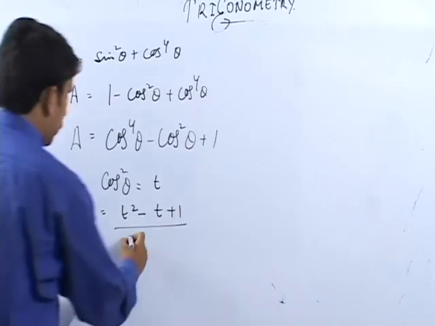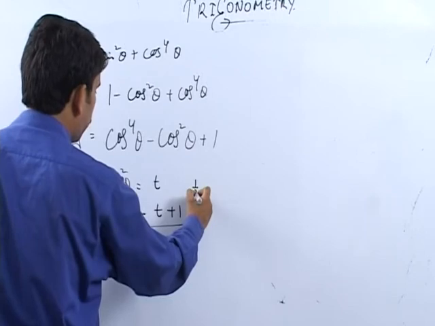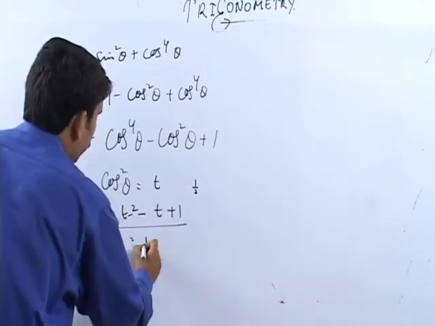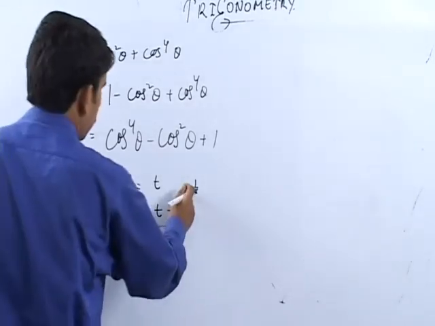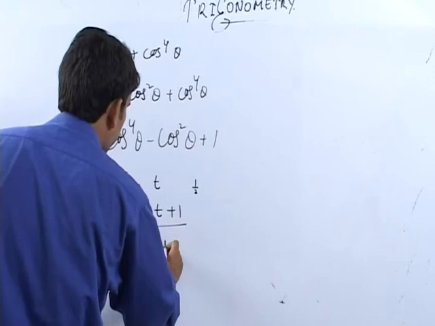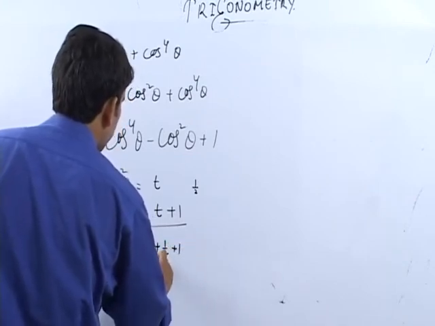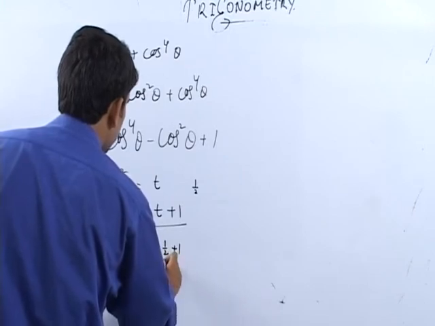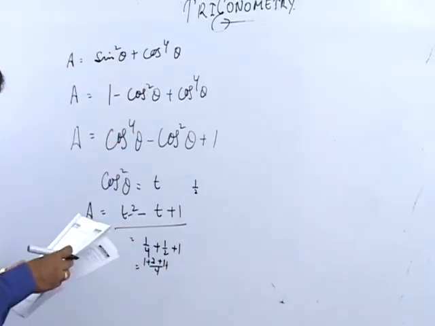If you put minus b over 2a here, this will be 1 by 2, and here if you put 1 by 2, you will get 1 by 4, plus 1 by 2 plus 1, and this will be 4, 2 plus 1. This is 4.